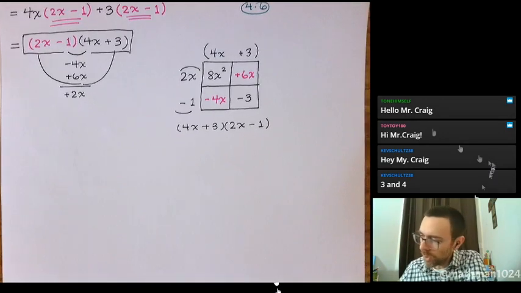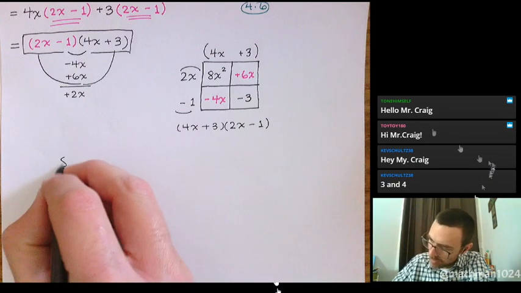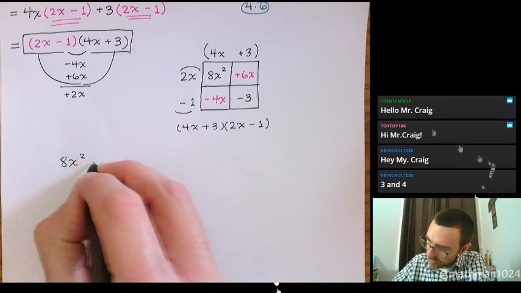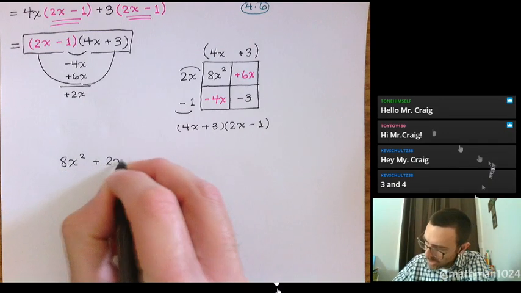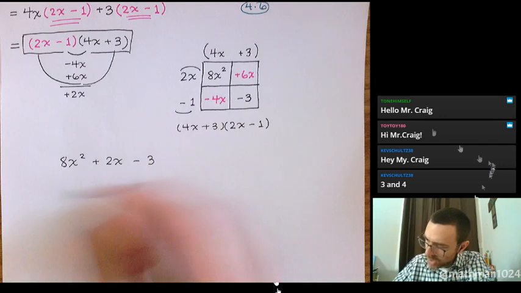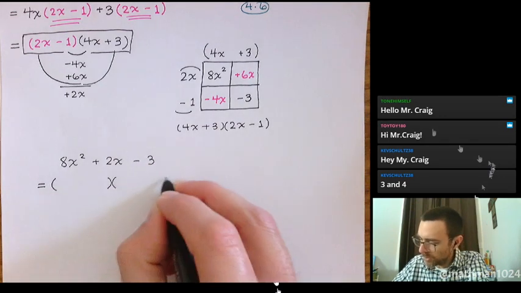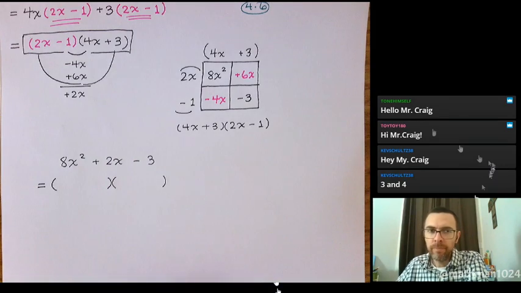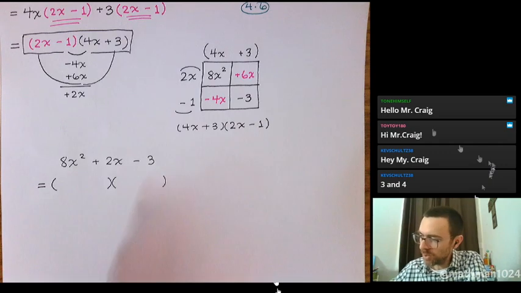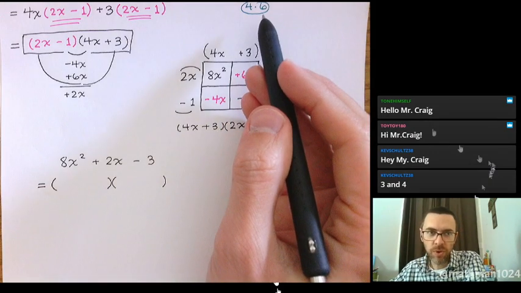So, one of the ways that I do my work is that I go straight to my two sets of parentheses. I'm still going to be doing the AC method in my head, so I know that I'm supposed to be getting the 4 and the 6 from before, right?